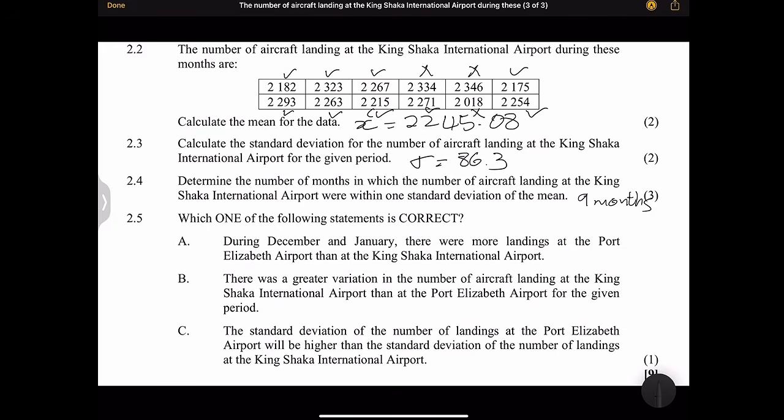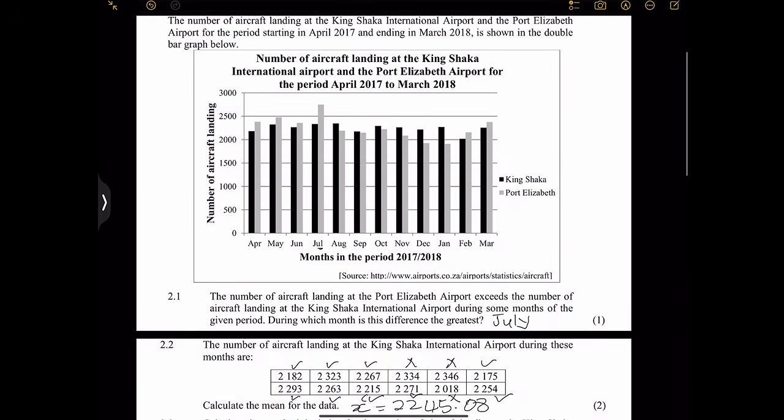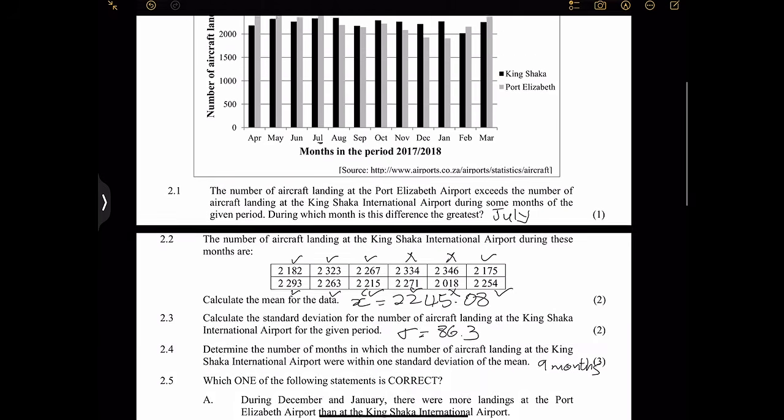Finally, they say to us, which one of the following statements is correct? They say during December and January, there are more landings at the Port Elizabeth airport than at King Shaka. Let's go back to our graph and see if that is the case. December and January, nope, that is not true. Definitely there are more landings at King Shaka in that case.